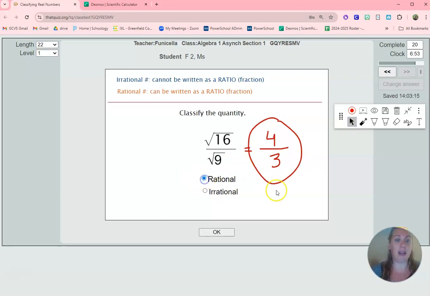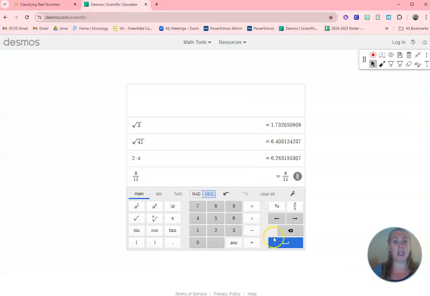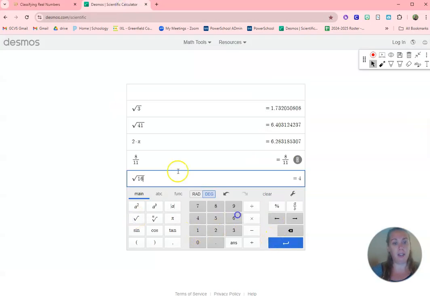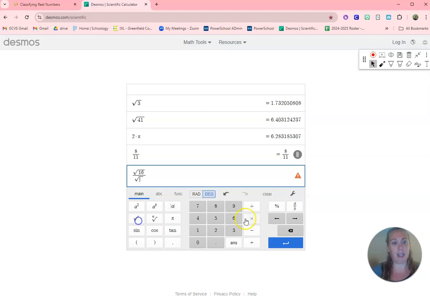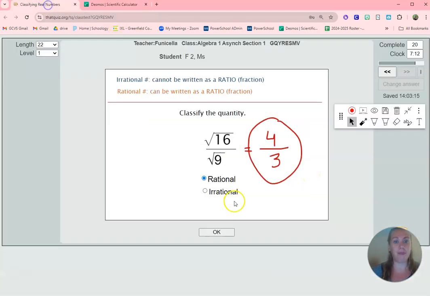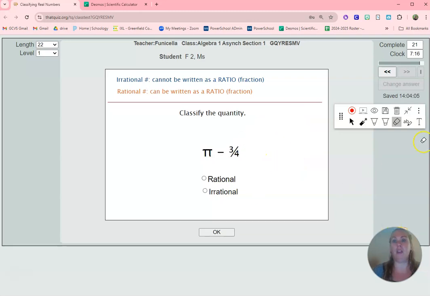So this is rational. If you typed this into the calculator, square root of 16 divided by square root of 9, here we have 1.33333 repeating, and here's our fraction button. It's just the same as 4/3.